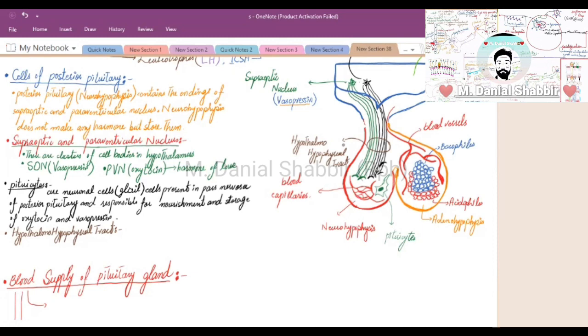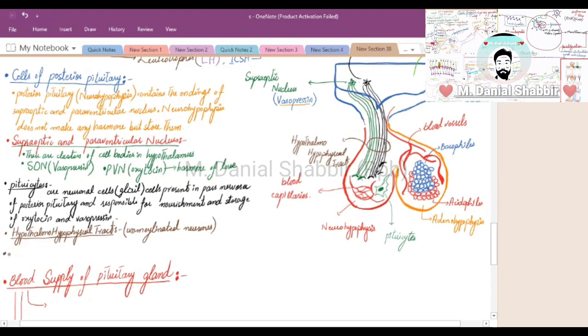This whole bunch of neurons coming from the paraventricular and supraoptic nucleus are basically the hypothalamo-hypophyseal tract. These neurons carry vasopressin and oxytocin all the way from the hypothalamus to the posterior pituitary. And these are unmyelinated neurons.